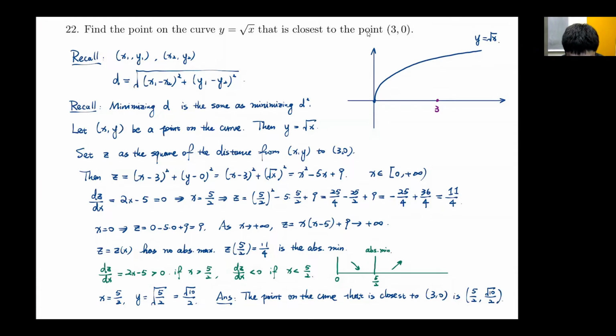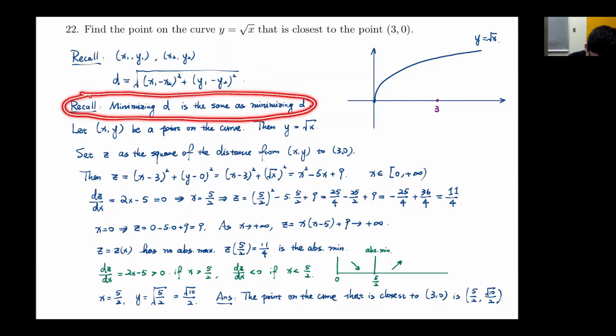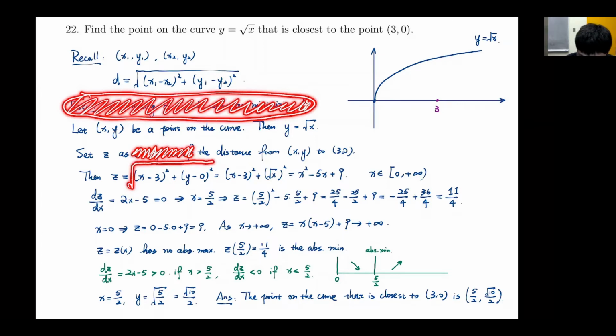All right, so over here, I would like to give a remark regarding the second fact. Suppose we didn't know that minimizing d is the same as minimizing d squared, and we set z not as the square, but simply the distance by itself. Then what we have to deal with is z equals the square root of (x minus 3) squared plus (1 minus 0) squared. After simplification, I will get the square root of x squared minus 5x plus 9.